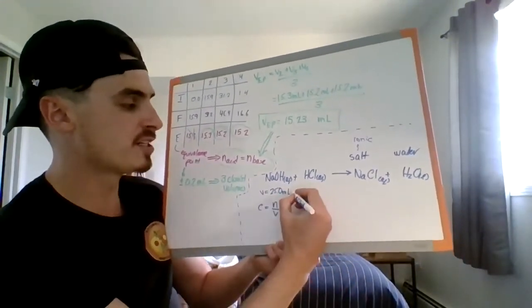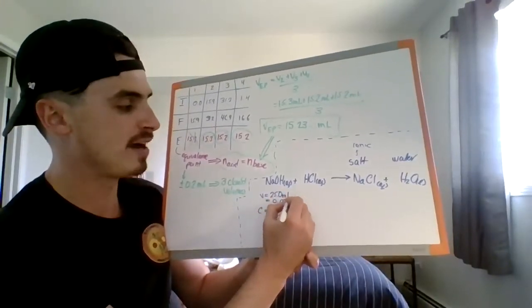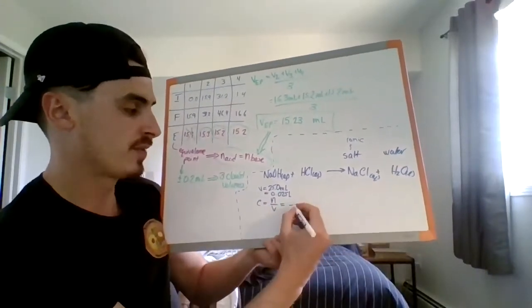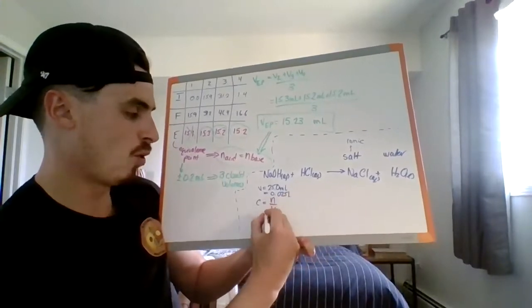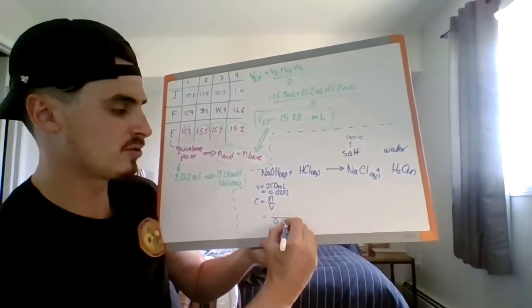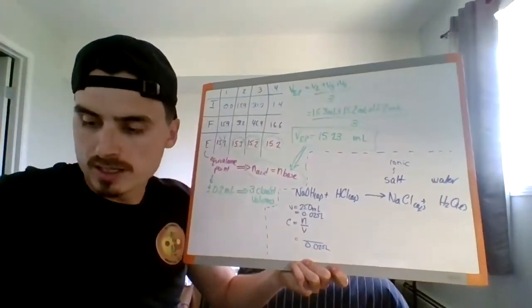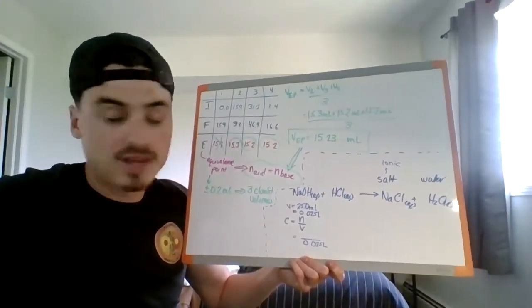No. So we're going to divide that by 1,000 and we're going to get 0.025 liters. So if I think about finding concentration, I'm going to divide the moles by 0.025 liters. Okay, well now I need the moles. It didn't tell me what the moles of NaOH were.